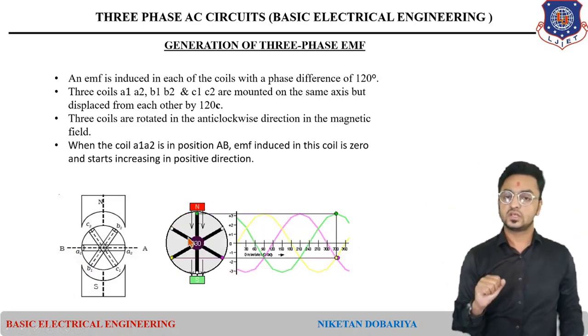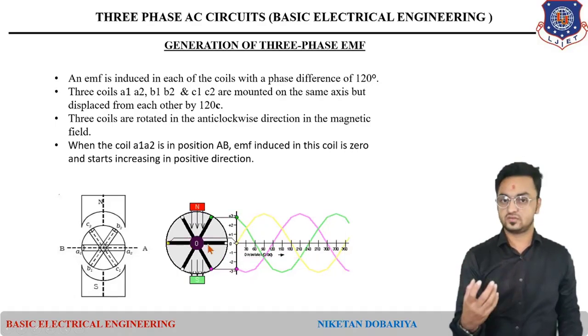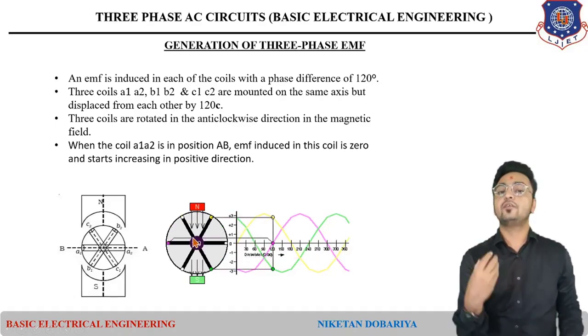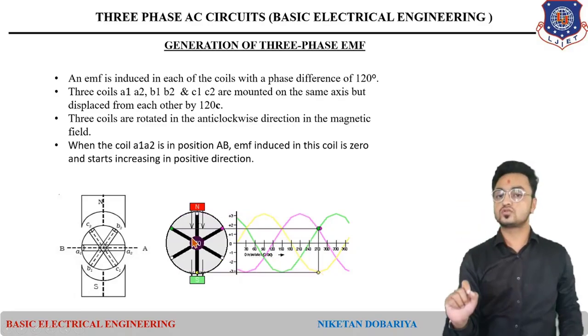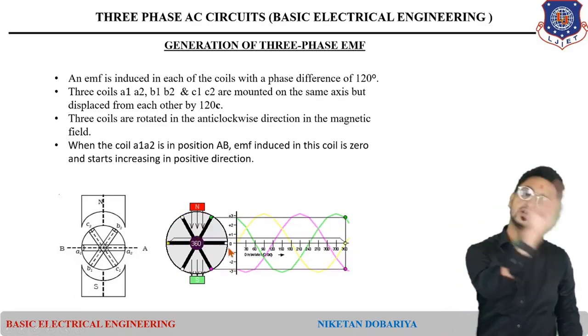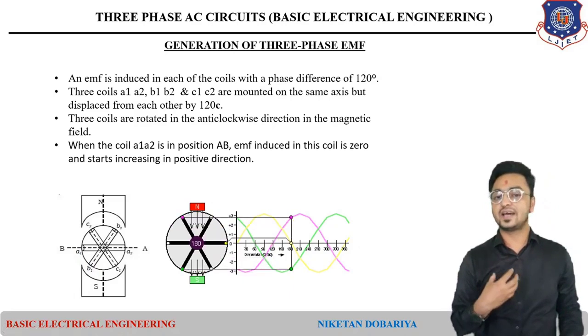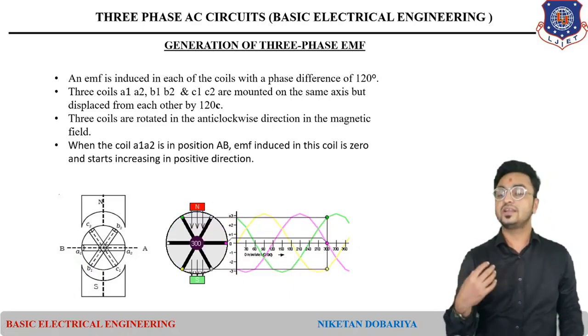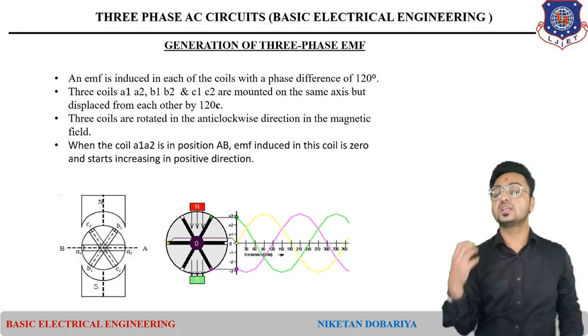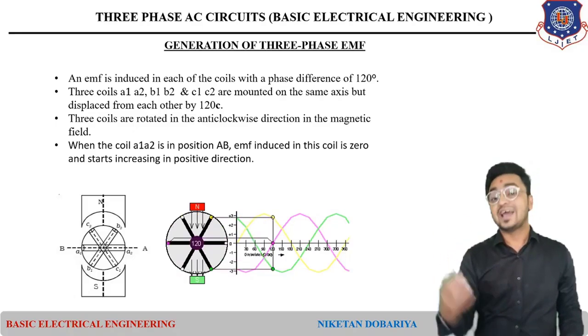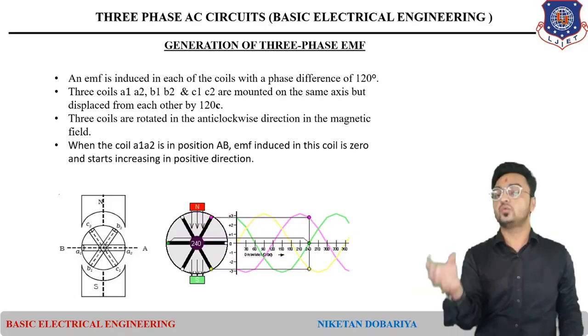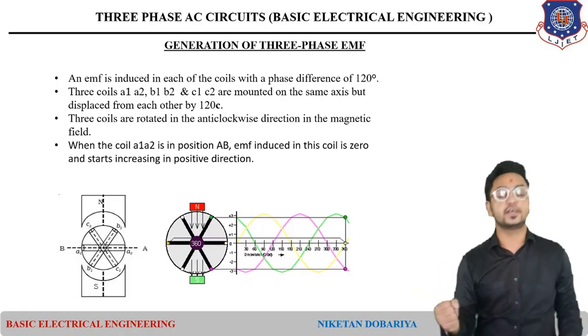In the same way, if I want to add a third phase, I will have a third voltage source connected with a third circuit. So basically, if we want to design a three-phase circuit, we will need three EMFs, three voltage sources, connected with three different circuits.